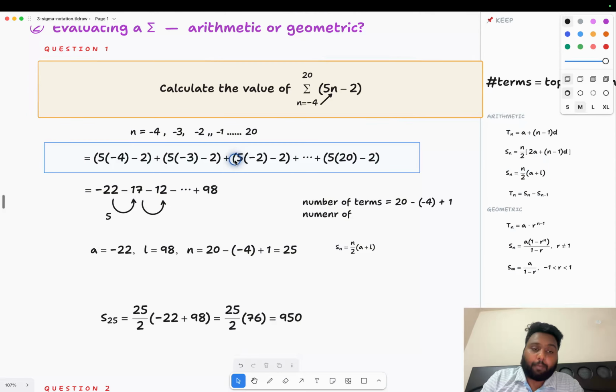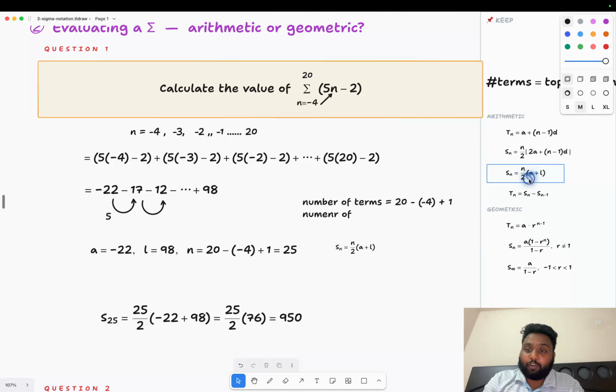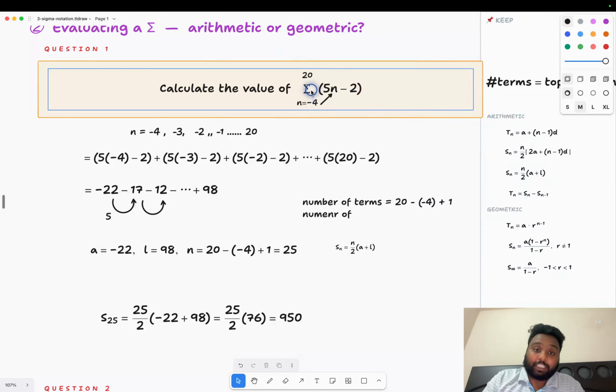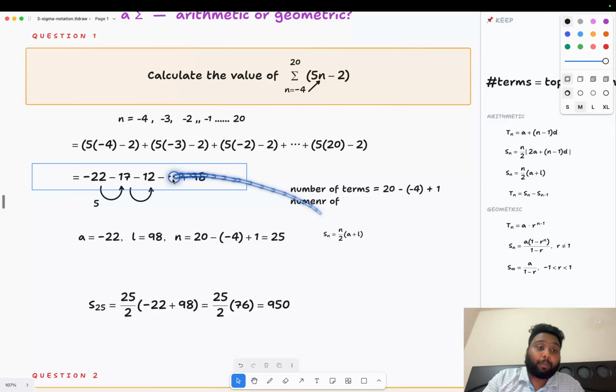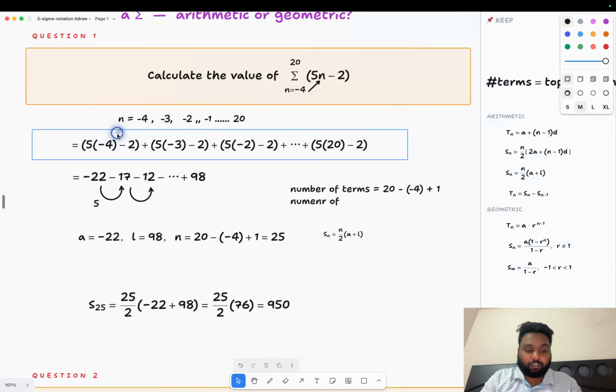So this is the type of question that is expected of you. There is nothing new here. We already knew the formula of S of n for arithmetic sequences. The only new thing is a different way of representing the sum. This is just the sum of this series.